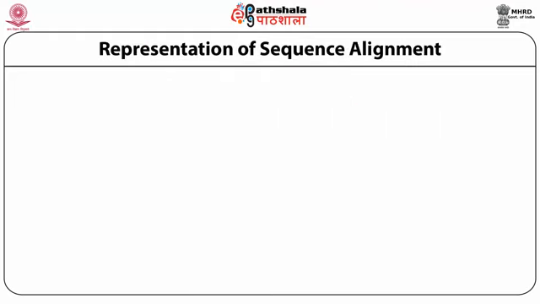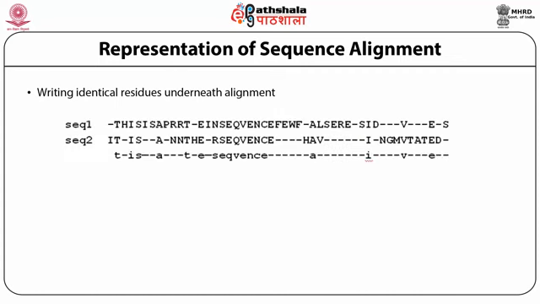The sequence alignment is represented by highlighting the conserved positions. Two ways are shown here to represent sequence alignments. The first is writing identical residues underneath the alignment using small letters or lowercase letters. The other is used by some sequence alignment programs such as EMBOSS Needle and EMBOSS Stretcher.